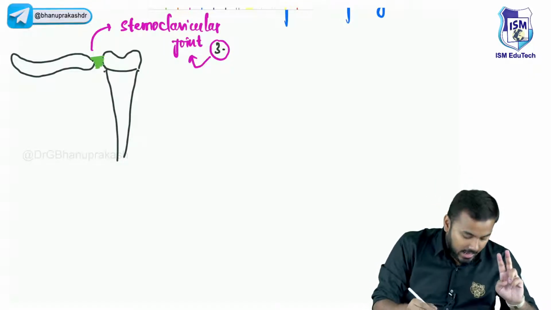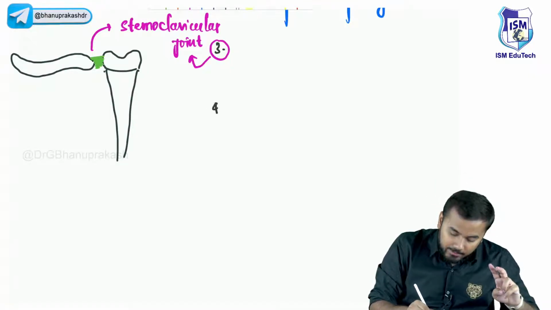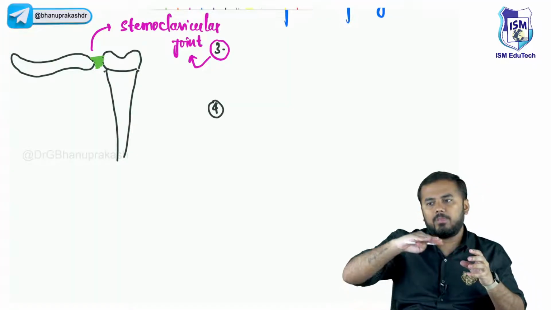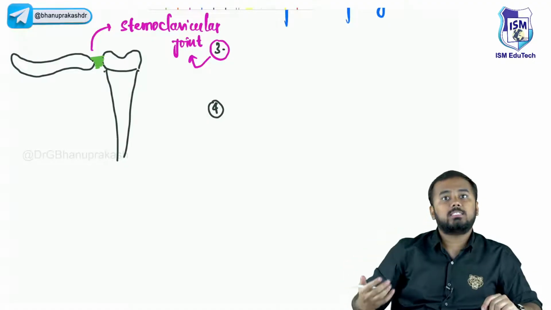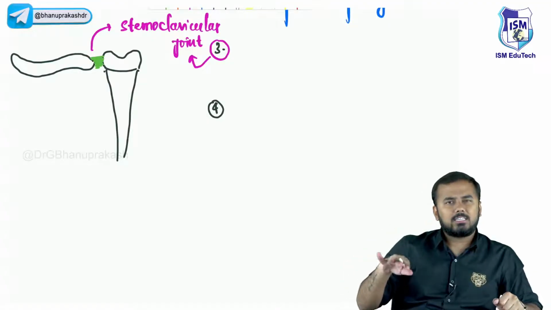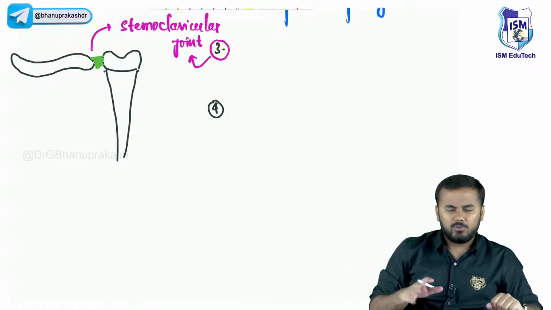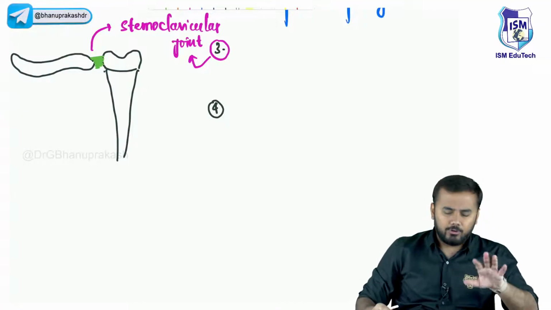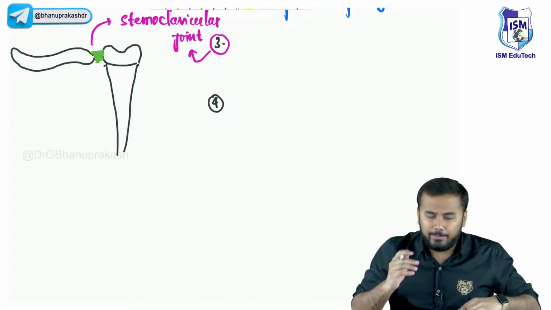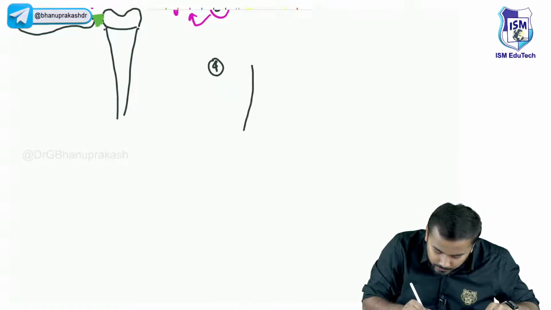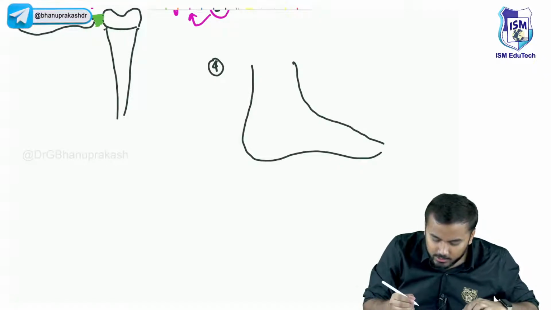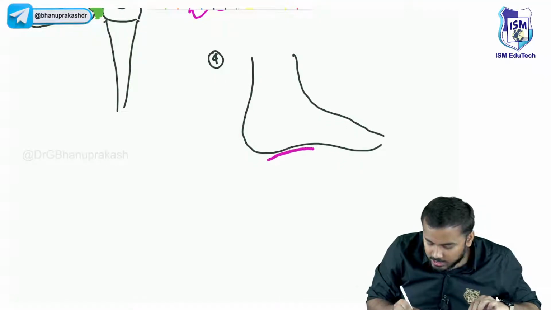And the last example is, if you look in the foot, a group of bones together form an arch. That arch is called the lateral longitudinal arch. When I discuss the lower limb, I will discuss it in detail. Now you won't understand because there are also ligaments present in that, so I'll just draw a picture. You can see an arch like this.